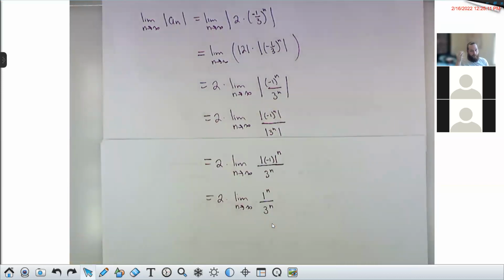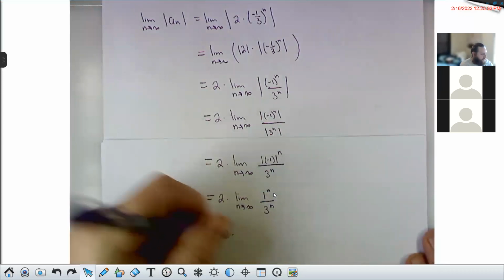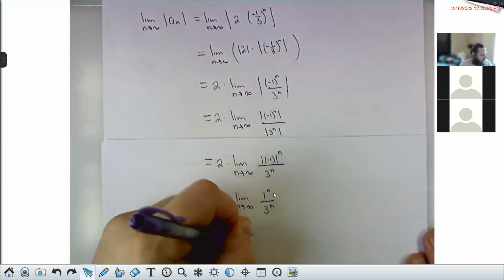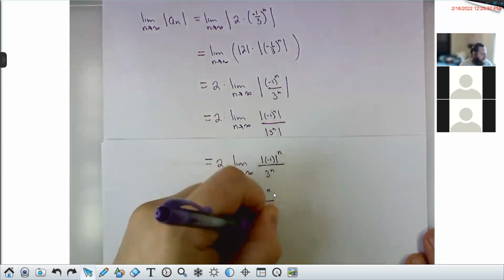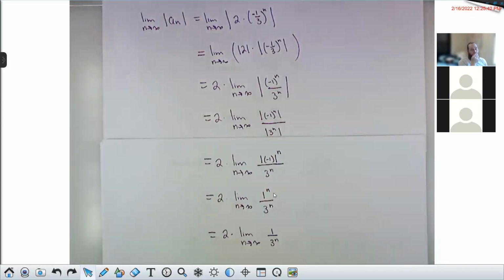Before you take that limit, recognize that 1 to the n is just the constant 1. And if you raise the constant 1 to the 2, to the 3, to the 4, to the 5, to any finite power, it will always just be 1. So algebraically, this is equal to the limit as n goes to infinity of 1 over 3 to the n. And that limit is 0.